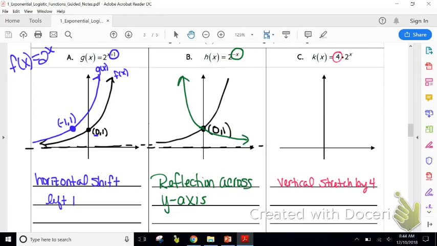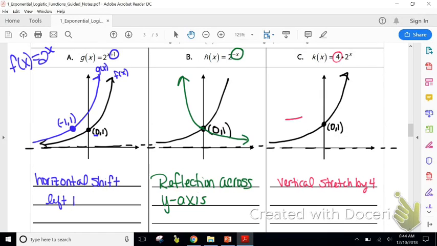Alright, so I'm going to draw in my parent one, the y equals 2 to the x. So now it's going to stretch my graph. What's going to happen? This is kind of the tough one.